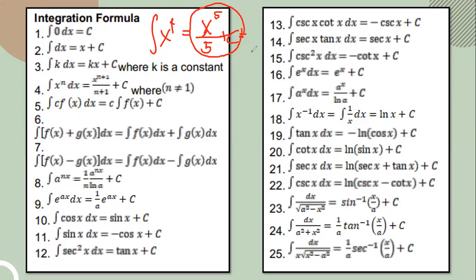Number 5, pag ang function natin merong kasamang constant, ito na lang din ang gamitin nating example. Merong kunwari na 2, so 2 na constant, 2x to the 4th.